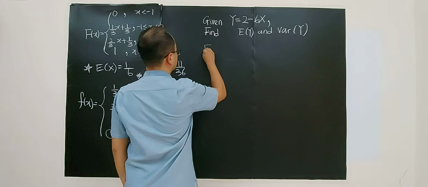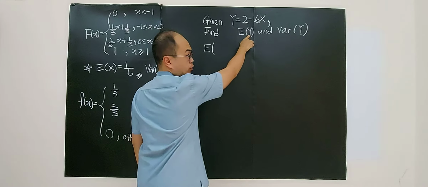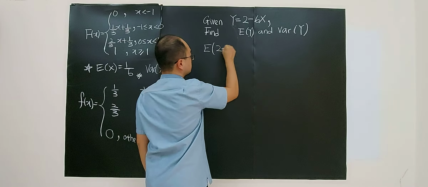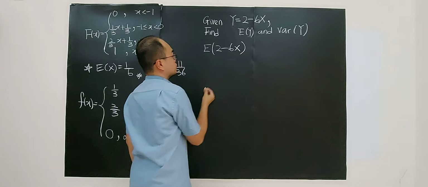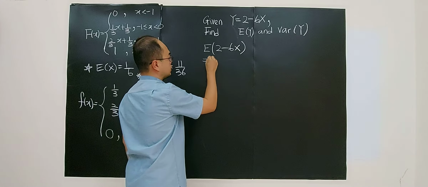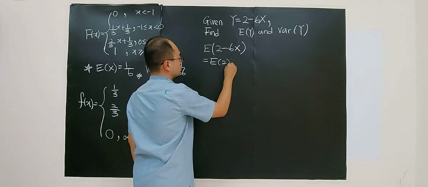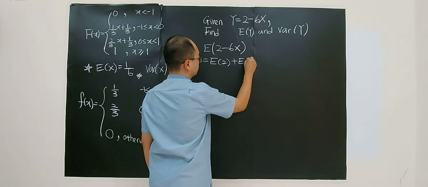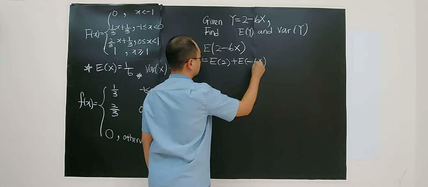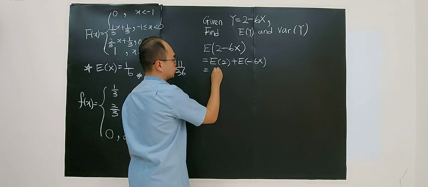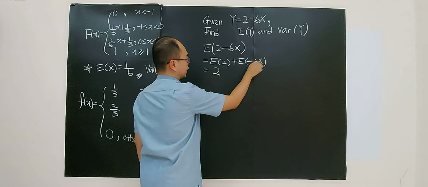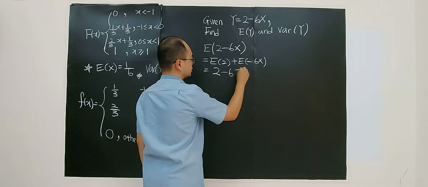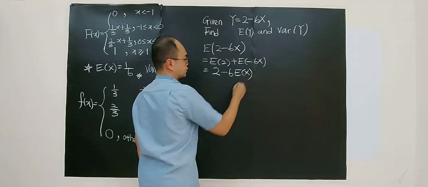So you will know that E(y), where y is 2 minus 6x, means we use the property: we can write E(2) plus E(negative 6x). The expected value of a constant is the constant itself, and negative 6 you can take out, negative 6 E(x).